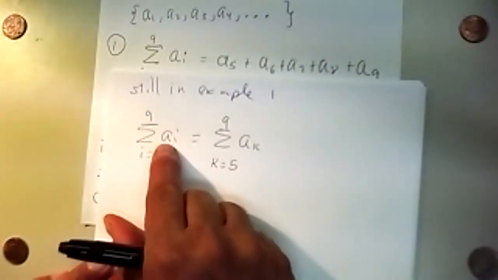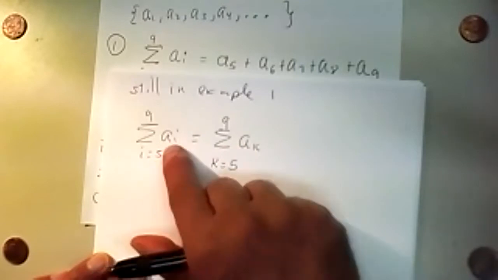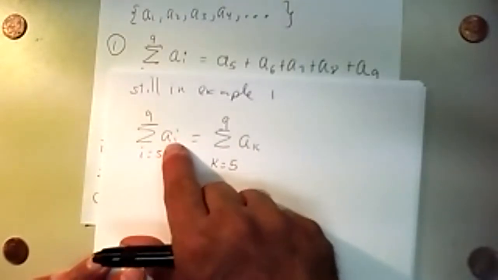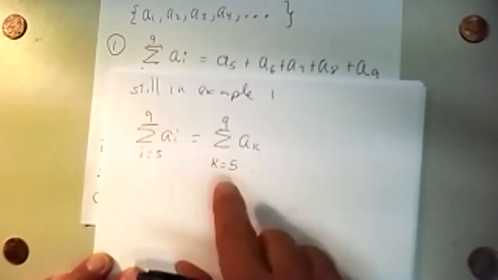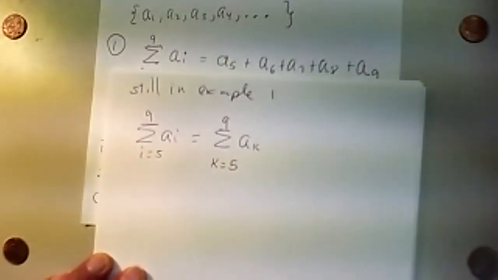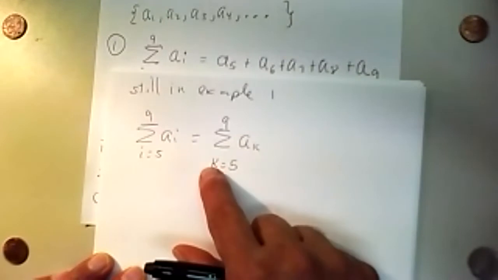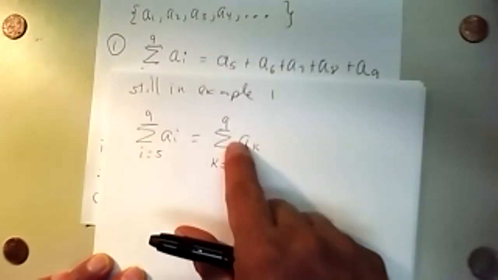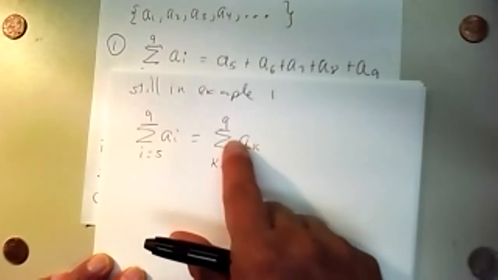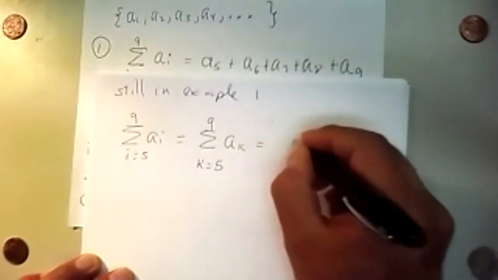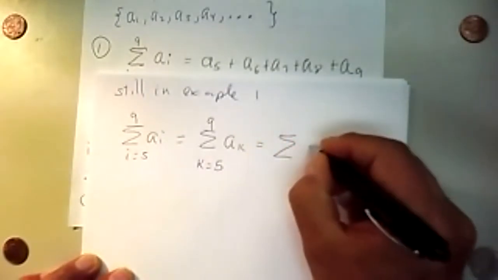If you see that with an I or with a K, as long as we're consistent, A sub I from I equals 5 to 9 means A sub 5, A sub 6, A sub 7, A sub 8, A sub 9, and then we stop at 9. Or from K equals 5, same thing. And you can use any other letter as long as we're consistent.